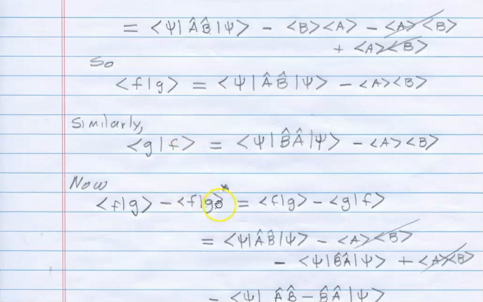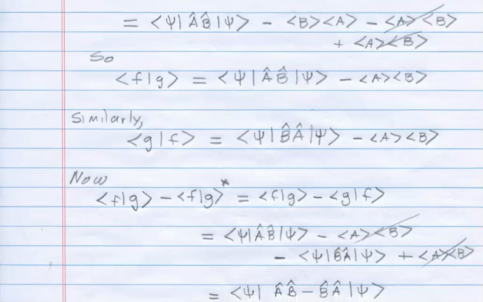But remember, the complex conjugate of a bracket is just these two switched. The complex conjugate of FG is just the bracket of G and F.